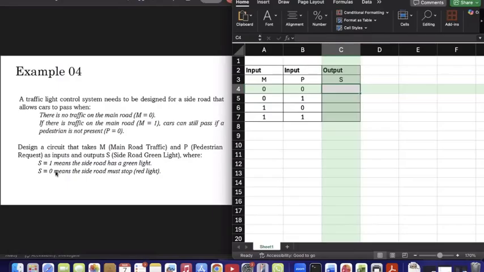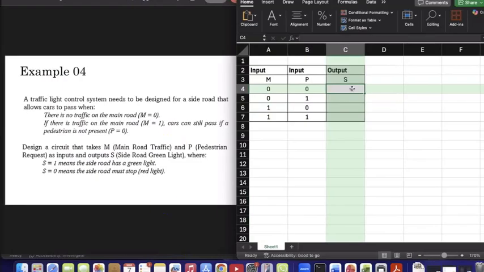If there is no traffic on the main road, the green light should be on, which means S is equal to 1. The side road has a green light. So what is S? 1 or 0? Can we say 1 without the pedestrian crossway?